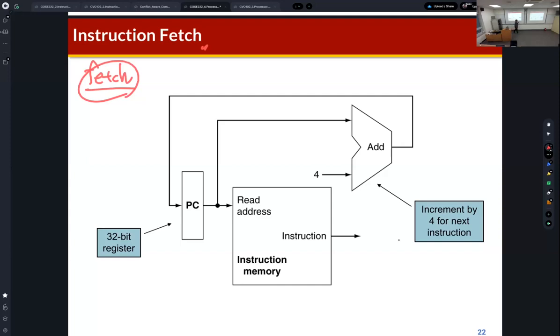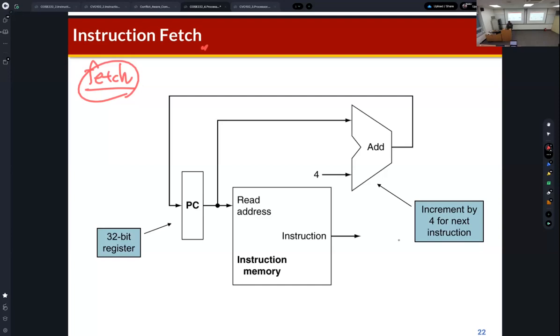In a computer system, fetch means that it reads data from memory, right?